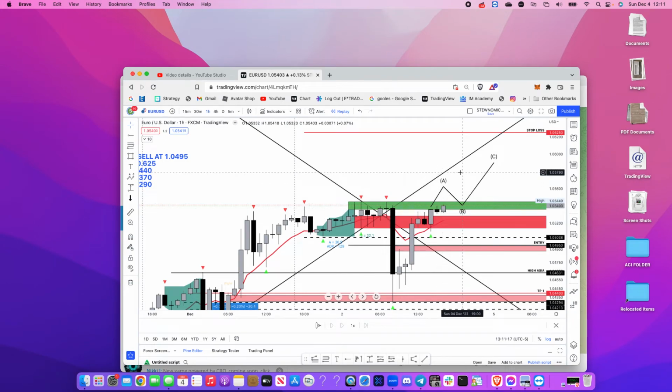Did this market break out of here and keep going? Because notice it broke out of this consolidation and came back to this consolidation.